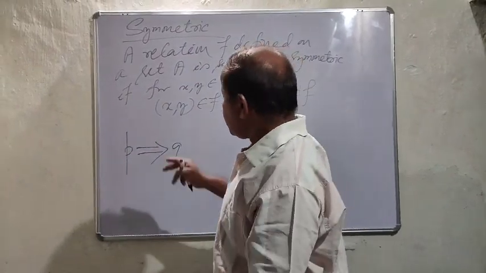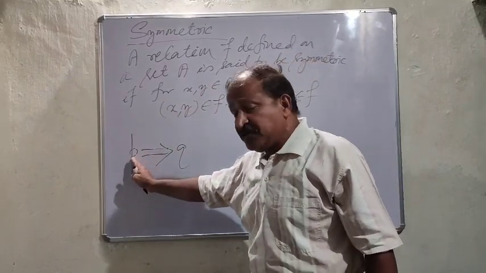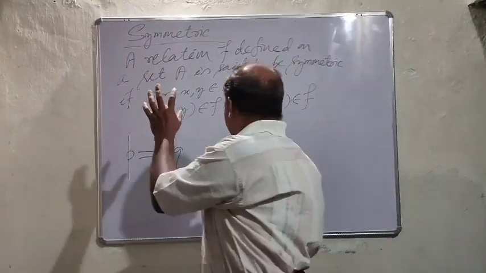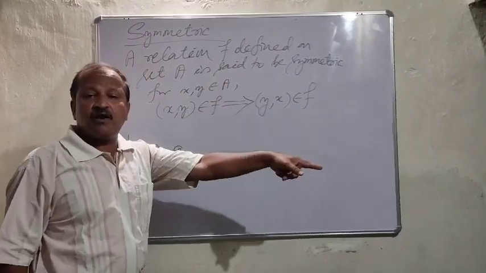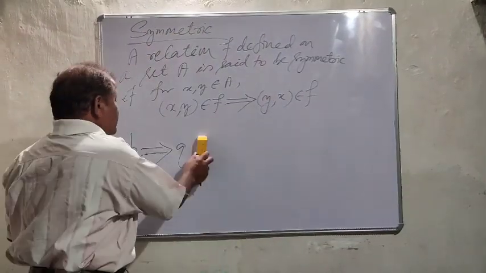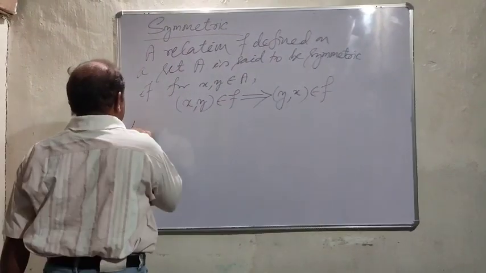Simply remember, if P implies Q, means if P is true, Q must be true. If (x, y) belongs to R, then (y, x) belongs to R. That means if x is related to y, then y must be related to x.